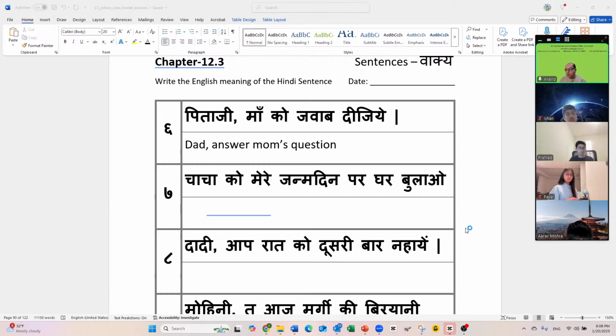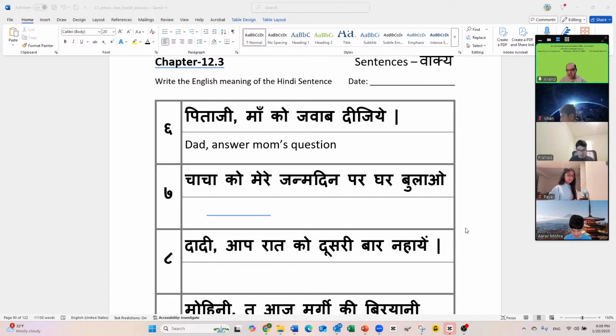Okay. Now, how would you do the same sentence, Payal answer Arav, using tu? पायल आरव को जवाब. Jawab what? You have to give me the verb to give. Dena.